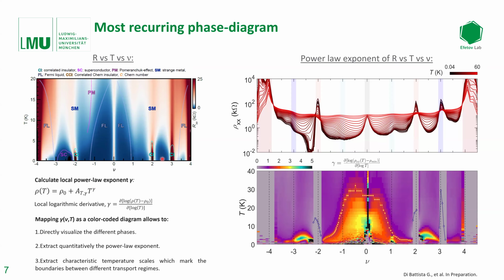The other superconducting regions at other fillings are much rarer and usually also had a much lower superconducting transition temperature. And of course, above the superconducting state, we observe this linear in T strange metal phase. We observe the Pomeranchuk effect. And then in general, closer to the band edges and to charge neutrality point, we usually observe something reminiscent of Fermi liquid behavior.